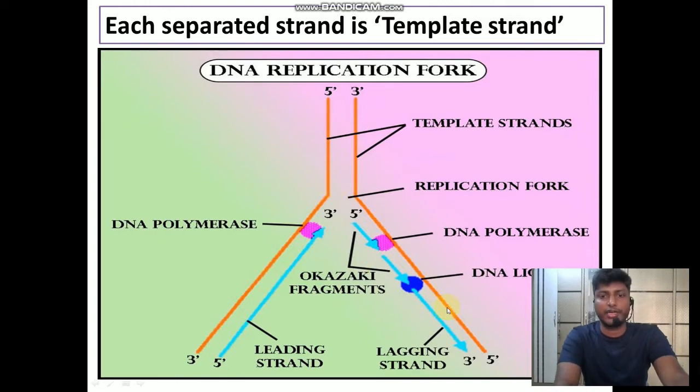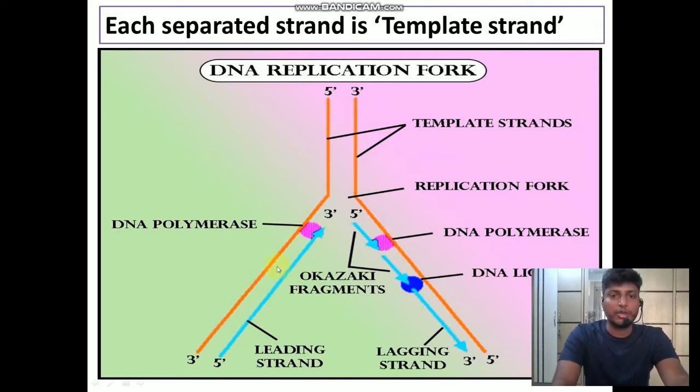Now once the two strands are separated, as you can see dear students, the replication fork has been created. This is an inverted Y-shaped structure, right? Now please remember dear students, each of these separated strands will be considered as a template strand. Why is it called a template? Template means these are the original strands, and on these strands the new DNA strands are going to be formed.